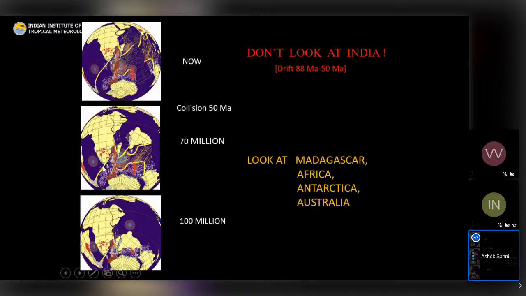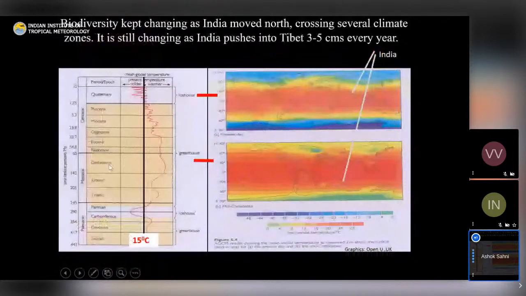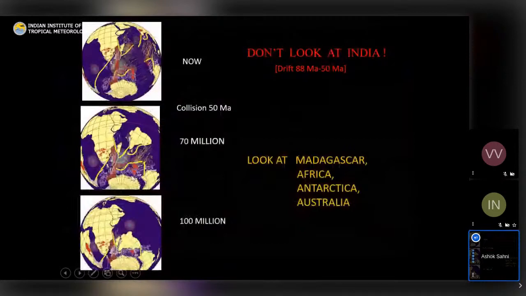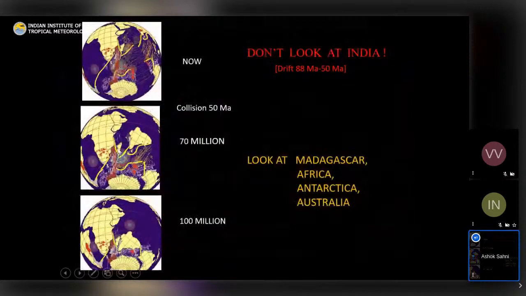So what does this mean? If you look at the biodiversity of Madagascar and Australia, you will find that it's very special. Madagascar has something like 90% of the species that are endemic, they're not known from any other place. And Australia, as you know, had a great diversity of marsupials.